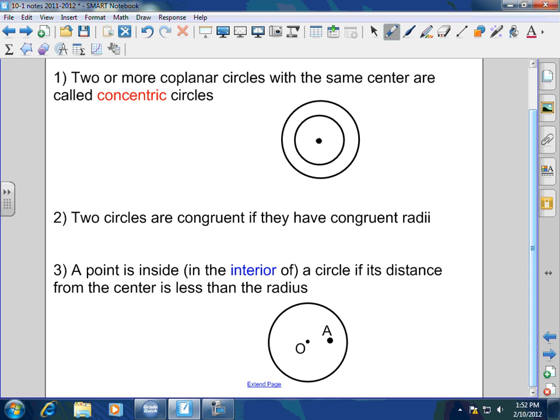So if the radius is, let's say, 10, but OA is 8, even if they tried to manipulate the circle to try to confuse you, just by knowing that the radius is 10 and OA is 8, A is inside. It's an interior point.